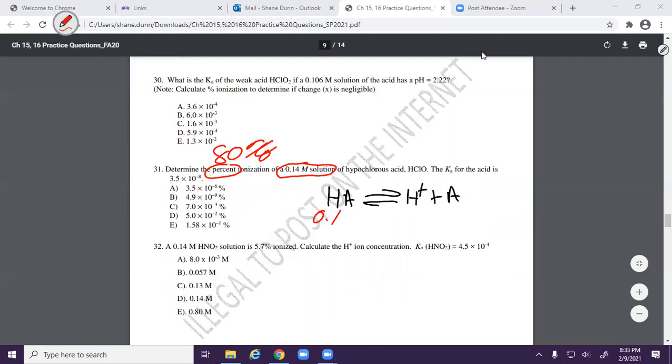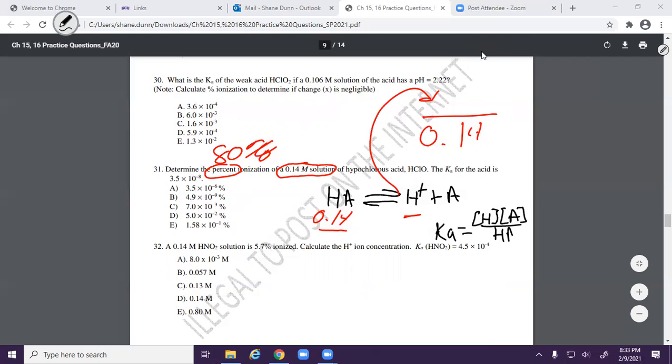We can maximally only make this much, so that's our whole that goes in the bottom. What we get for H we'll put up top, and that will be our theoretical. So Ka is always going to equal the concentration of H times the concentration of A over HA.